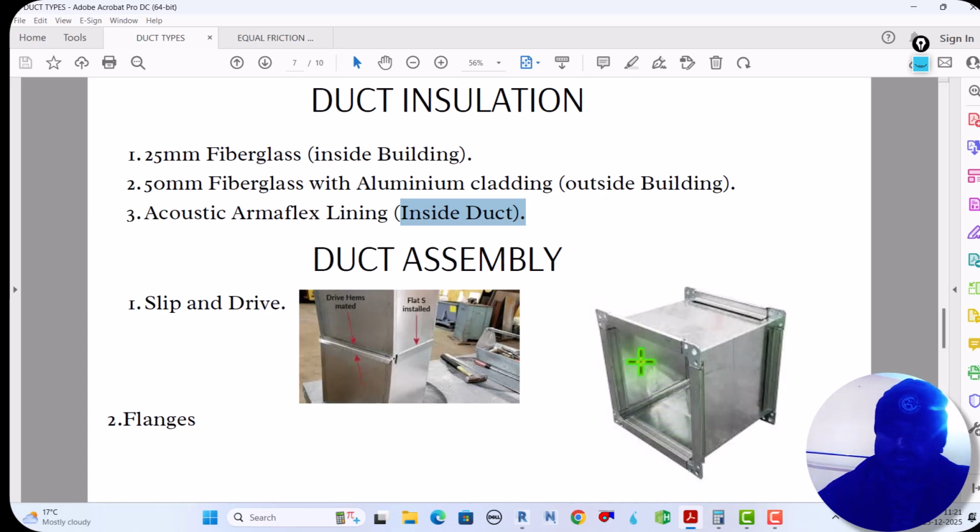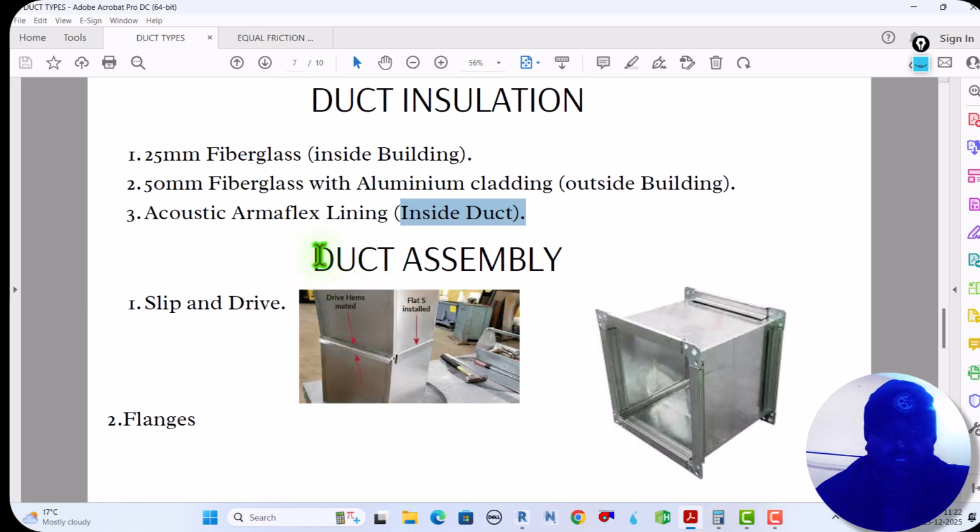The black color one we all know, acoustic Armaflex. This is also an insulation material.